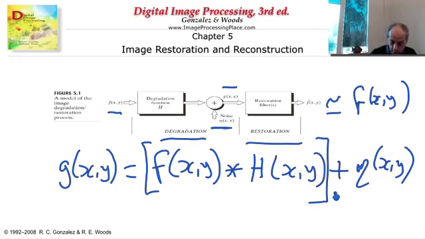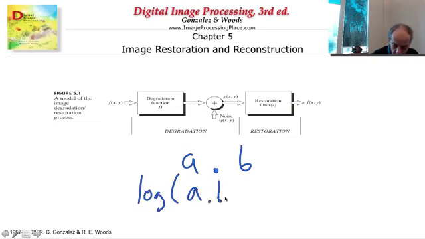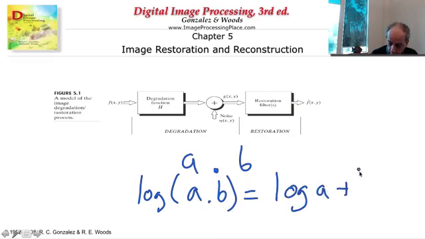If you have multiplicative noise instead of additive noise, let me erase here so I have everything to write down. If you are multiplying two numbers, a times b, I can take the logarithm of the product of those two numbers, and that's equal to the log of a plus the log of b. So if b was my noise, I basically transform it into additive noise.